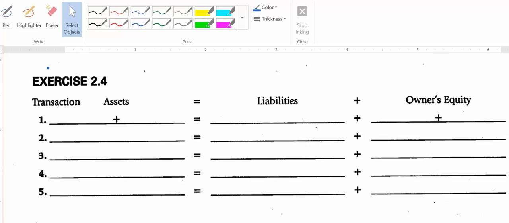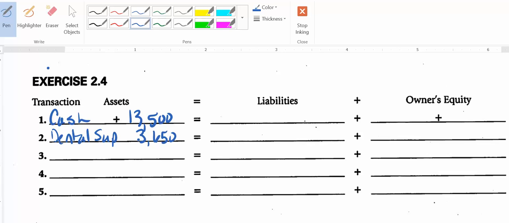So cash is already cash, that's always first. So we're going to list cash at $13,500, and then number 3 was dental supplies. That would be an asset. I'm going to have to abbreviate, sorry. $3,650.